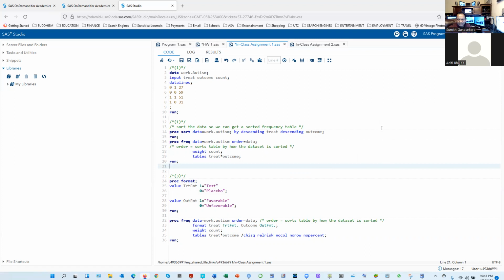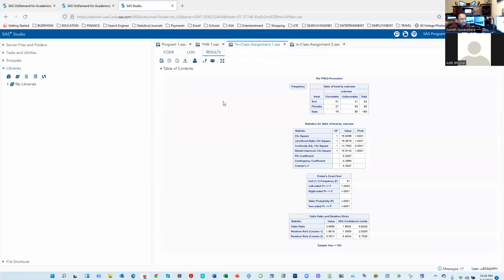How strong is the relationship? What measure of association strength can be used? How do you check this relationship? The odds ratio and relative risk. You can utilize those ones. Odds ratio: this is nothing but the people who favored the drug are 3 times more than those who didn't have the drug, who got the placebo.